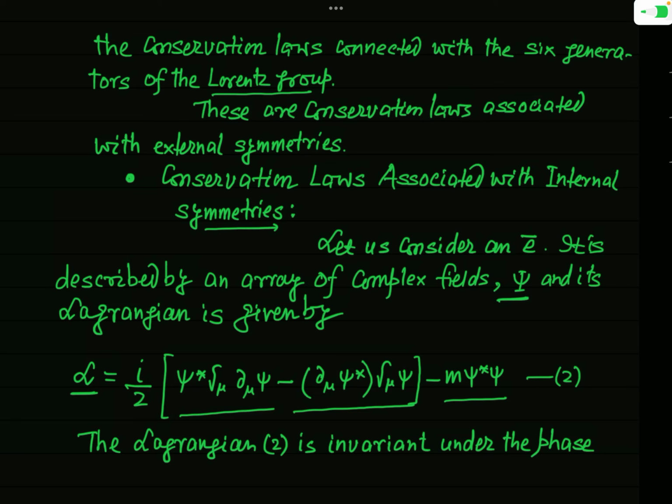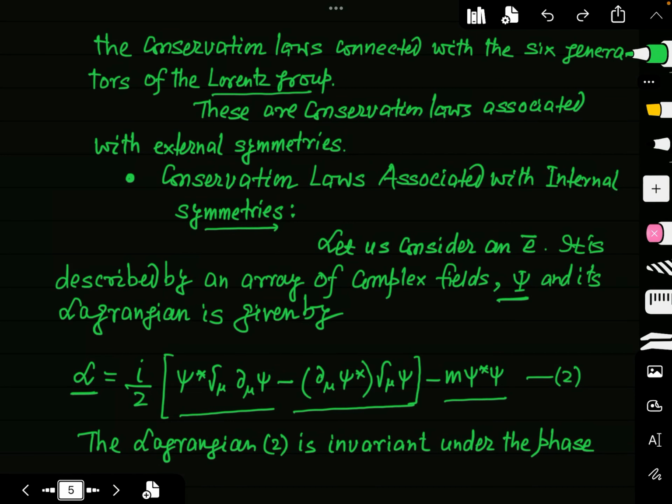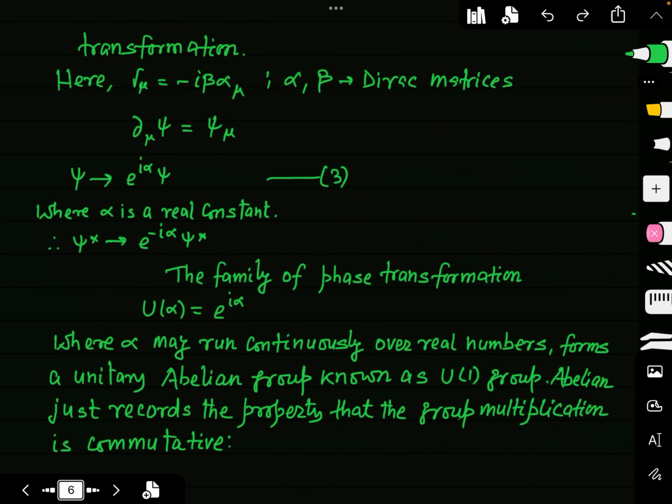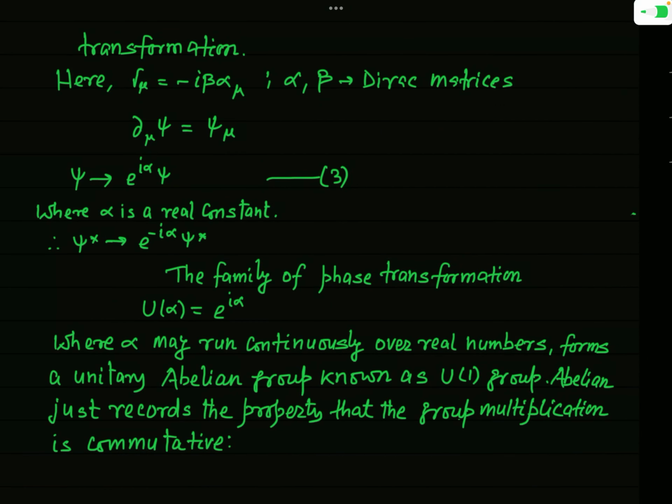Here this psi star is the complex conjugate of psi, and in this equation, what are these gamma mu and del mu, you can see. If you have studied the relativistic quantum mechanics, that is Dirac theory, then you can see these quantities.